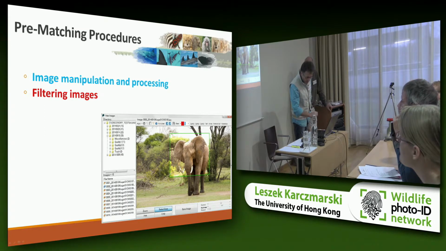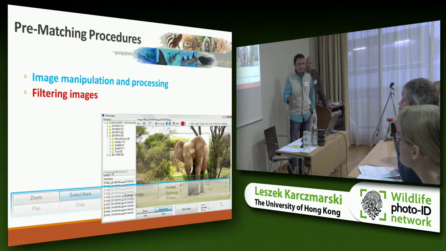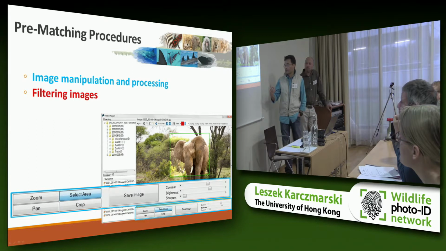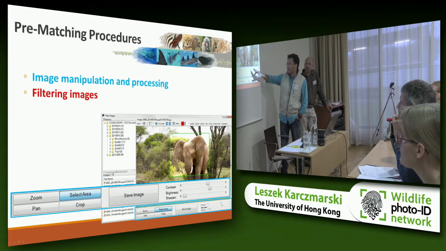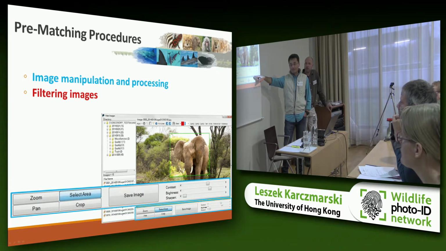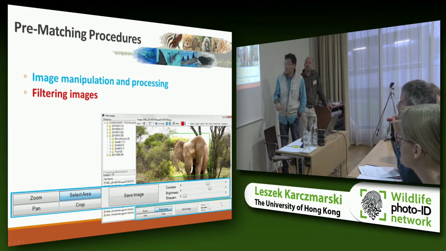And actually, you can still improve the image to some degree. We have some tools here where you can increase the contrast and brightness. You can sharpen the edges, and this really helps. Particularly out at sea, it helps a lot when sometimes just a little bit of extra focus makes a couple of notches more on a dorsal fin a bit more visible. So that's a very nice feature.